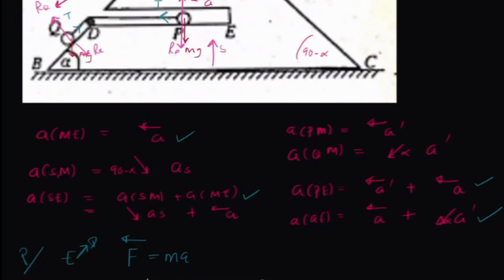Mg. If this is Mg, you know this is alpha, and this is alpha. The component of the weight acting along the dB direction is Mg sine alpha. R is perpendicular, T is in the opposite direction. So Mg sine alpha minus T.